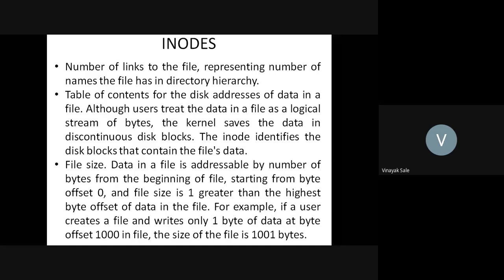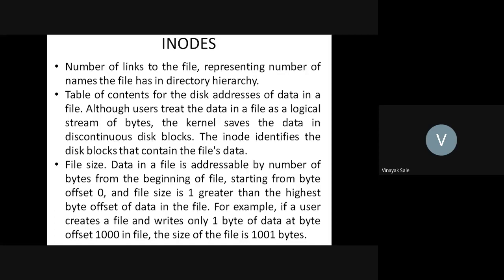Then the next point is file size. Data in a file is addressable by number of bytes from the beginning of the file, starting from byte offset 0.